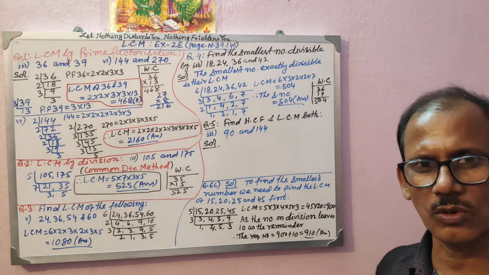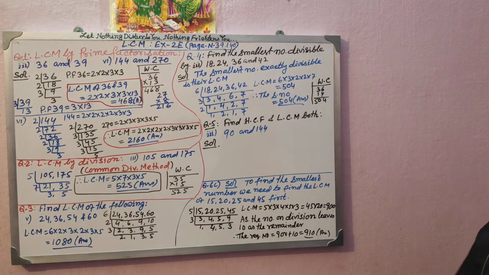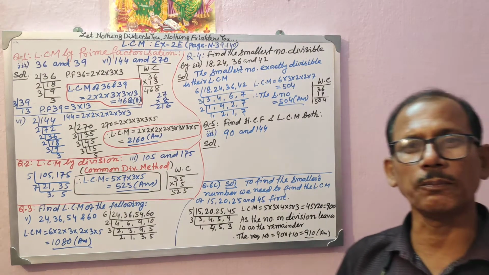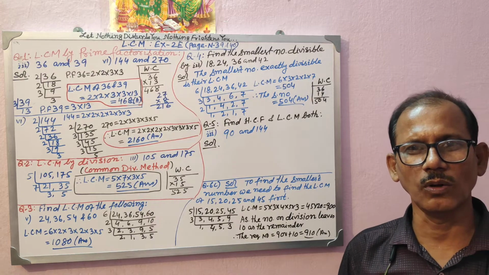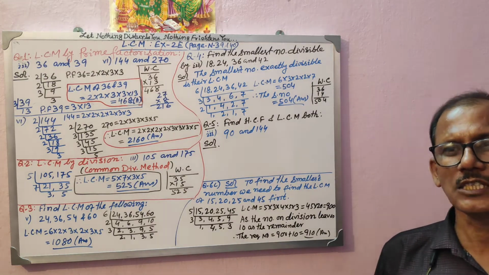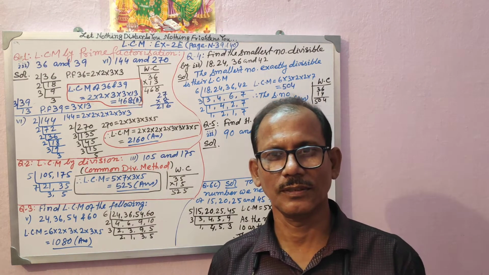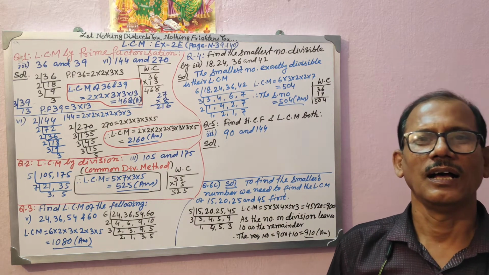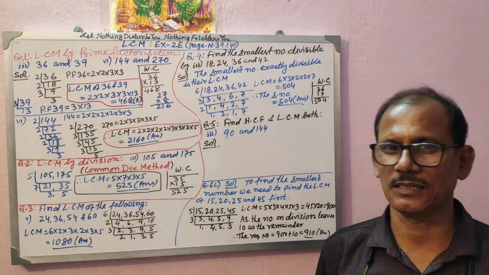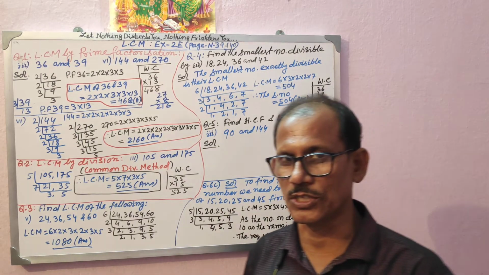Like this it goes on. So what you need to learn here is the least multiple among the given numbers. Among the common multiples of some numbers, the least one is the aspect to learn. That is called LCM.